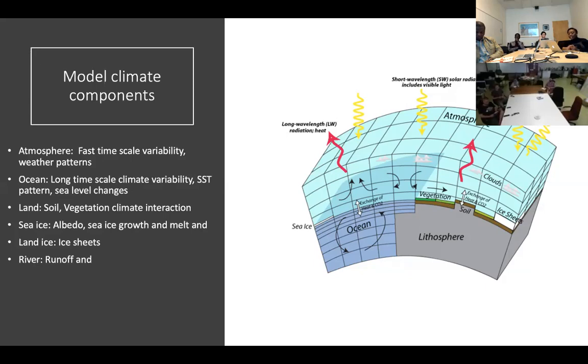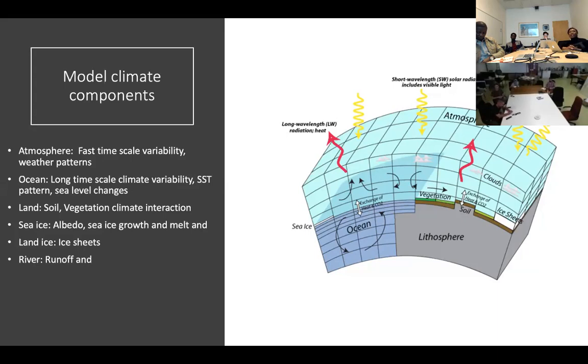For sea ice, the major component that really affects the climate system is the albedo, because at the polar region sea ice reflects a lot of the incoming solar radiation. A lot of modeling studies have gone into the impact of global warming, with sea ice reducing.